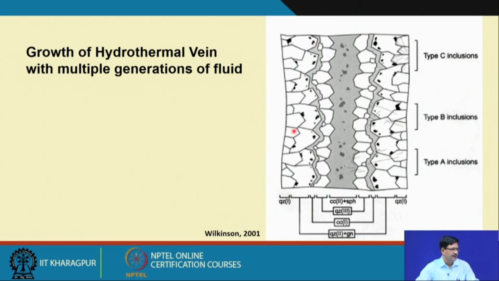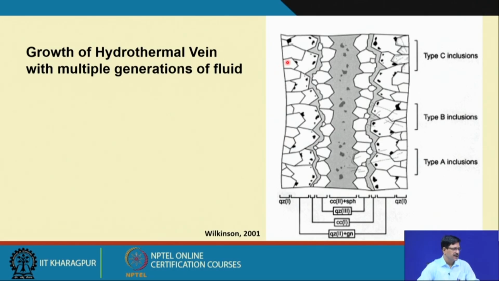If we can establish a continuum of the fluid activity in different phases, giving rise to mineralizations in different generations, then the inclusions which occur as secondary inclusions in the older phase host grains could also give us useful information.